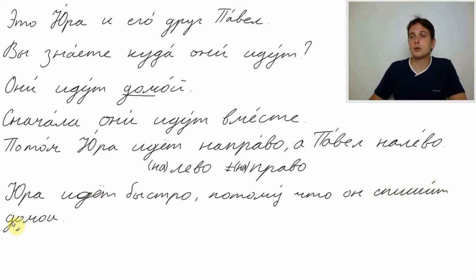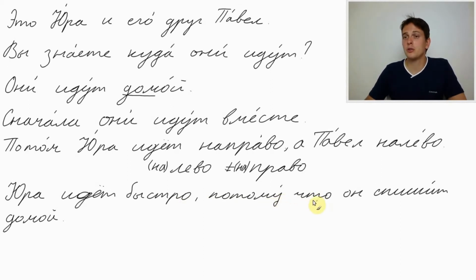Do you remember how to say house, a home? Дом. And if you want to say to the home, you say домой. You end with ой. You will learn it in the grammatical section. Юра идет быстро. Yura is going fast. Потому что, because. Потому is because.